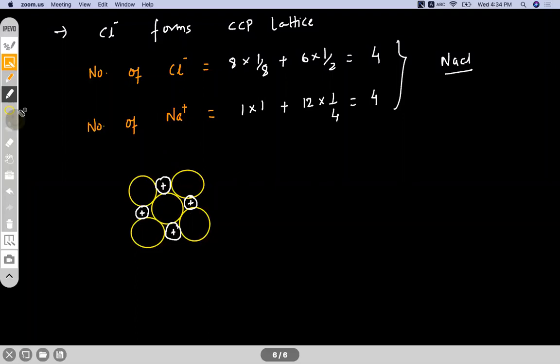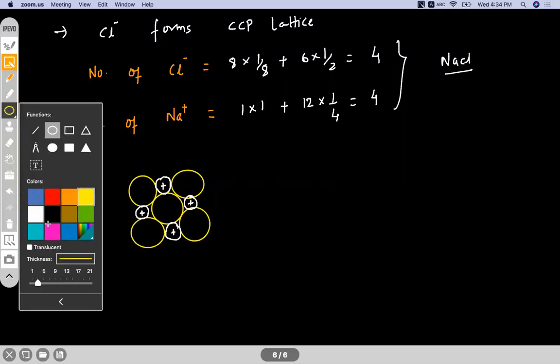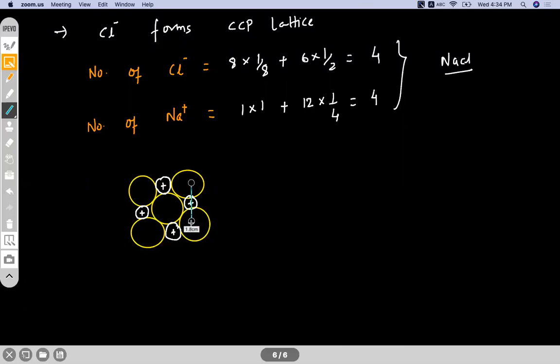Okay, so if you look at this distance, this is the edge length. Right? So edge length is a.